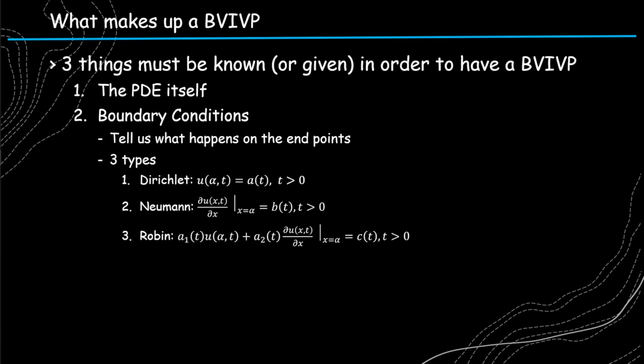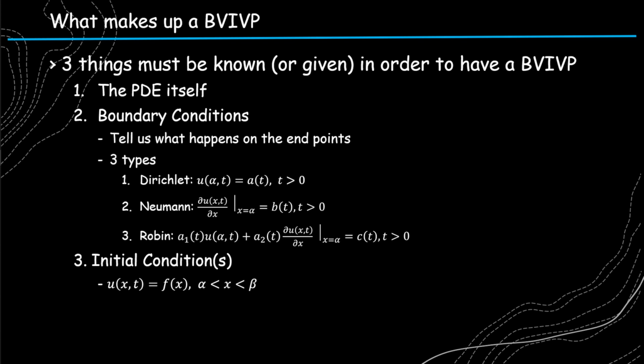And then the last thing that we need is the initial conditions, hence the initial value. The initial conditions can be one, can be two, can be many, but they tell us what happens in the beginning within the domain of interest. Usually with these types of problems, our second variable is going to be time.